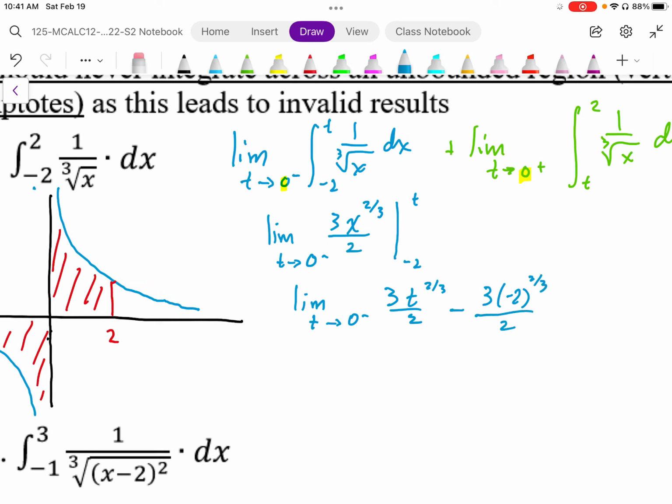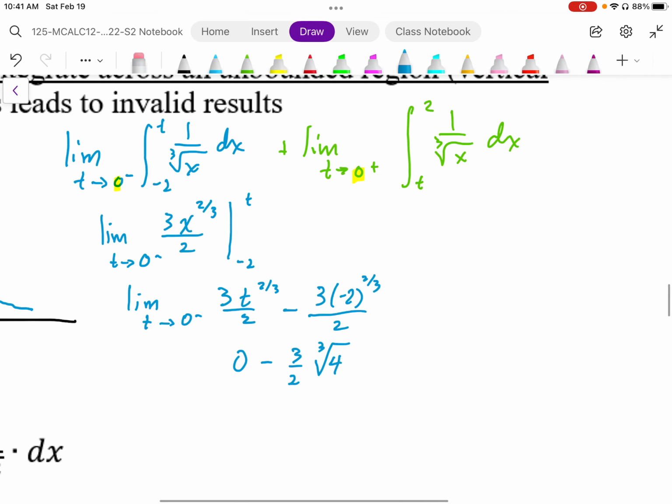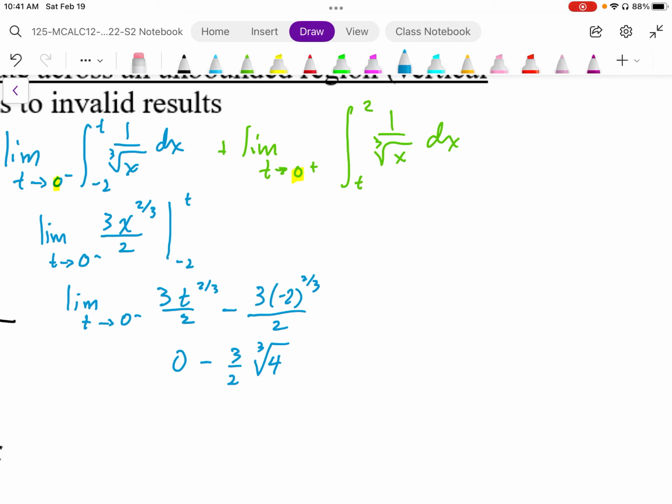When I plug in 0 into here, I end up with 0 minus, and this is going to be positive, so that's going to be 3 over 2, and that's going to be the cube root of +4. Okay, so that's that first part, and then I'm going to do the second part.